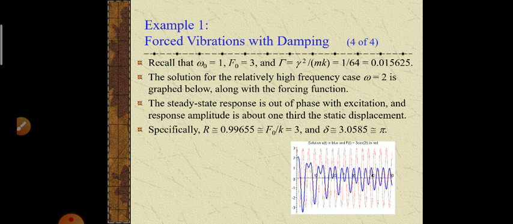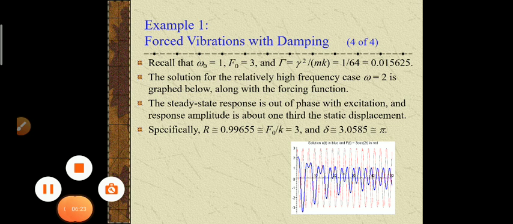Why? Because the frequency is going to be increased. Here the excitation frequency is high, and so the steady state response is out of phase with excitation, and the response amplitude is about 1/3 of the static displacement.